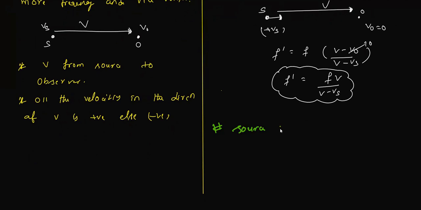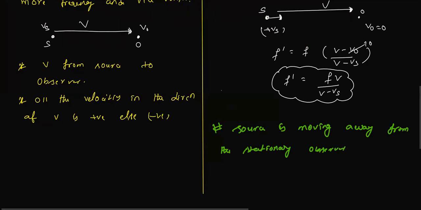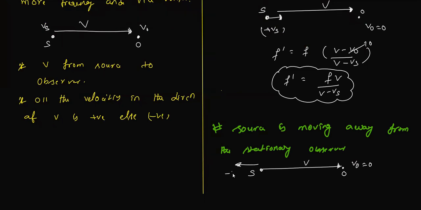We take the standard sign convention: this is the source, this is the observer, and this is the direction of speed we have taken. The observer is stationary, so V0 should be 0. Away means it is going opposite to the V direction, so now we take minus Vs.